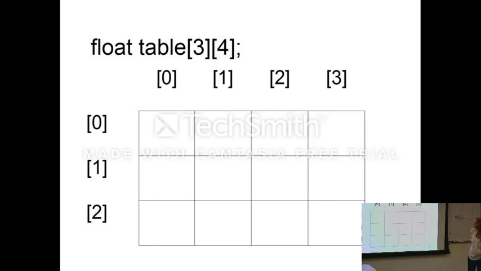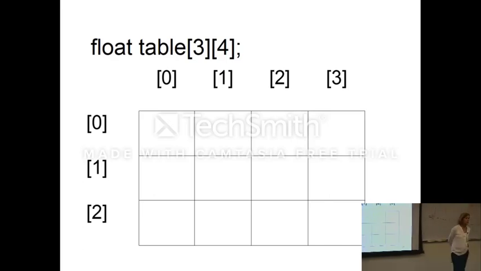Okay? Now, can you guess how we would go about doing work on a two-dimensional array? How would we go about setting this whole array to zeros, for example? Nested for loops. Our buddy, the nested for loops, right? Okay? So if you're not familiar with a nested for loop, then you're going to struggle a little bit with this.